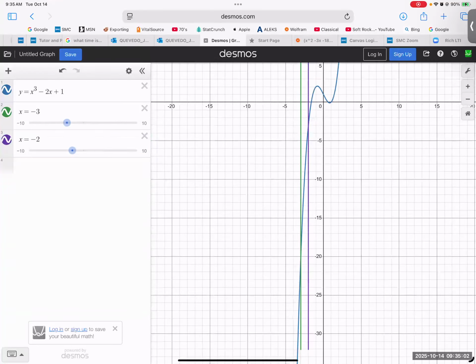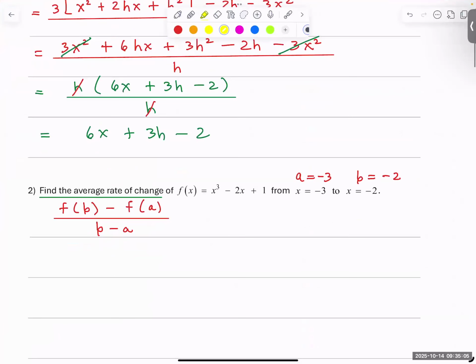So now we're going to calculate the average rate of change of this function from x equals -3 to x equals -2. So let's let b be -2, which is to the right of a, -3, which is to the left, and compute. The function evaluated for x equals b, -2, is going to be x cubed, which is -2 cubed, minus 2 times -2 plus 1.